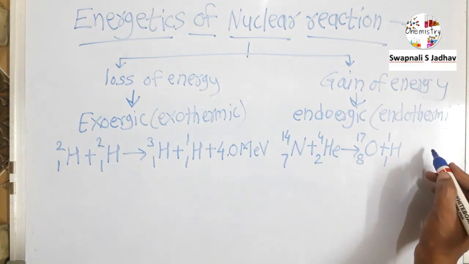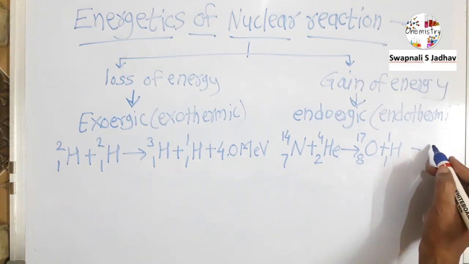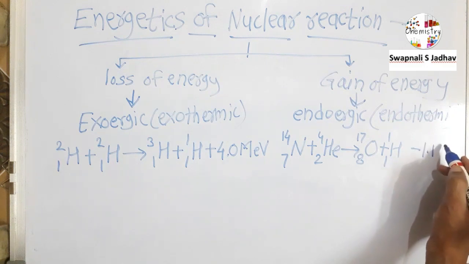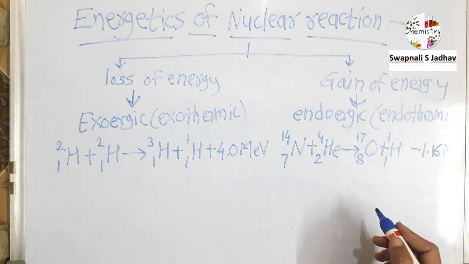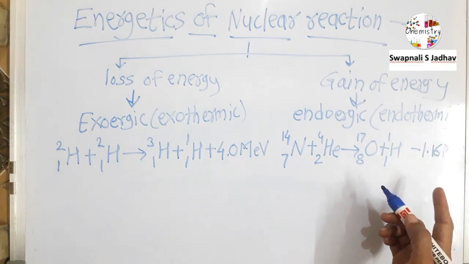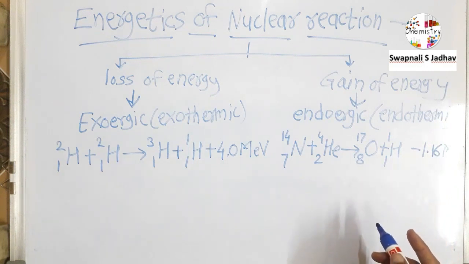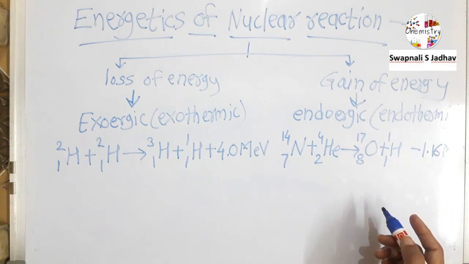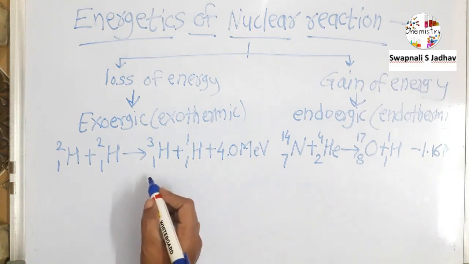Here the energy absorbed is minus 1.16 million electron volt.